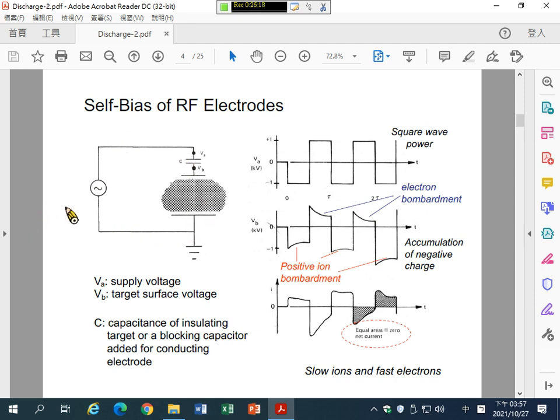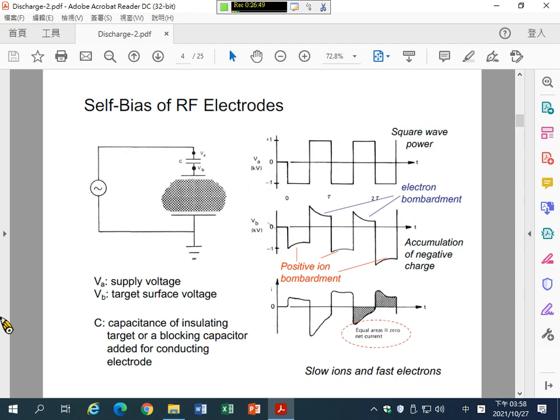And in a capacitive discharge system, a blocking capacitor can be placed in series with the circuit. Here C is a blocking capacitor. In order to generate a capacitive discharge plasma, the circuit needs to contain a blocking capacitor.